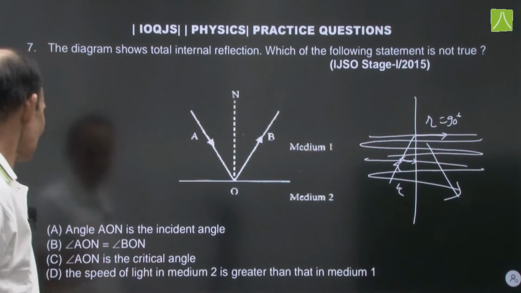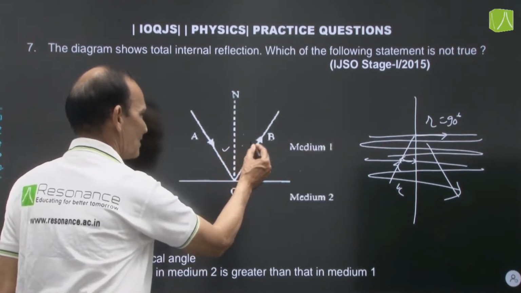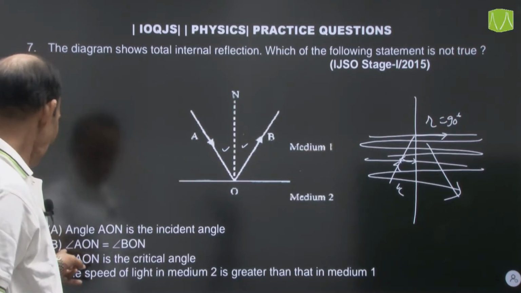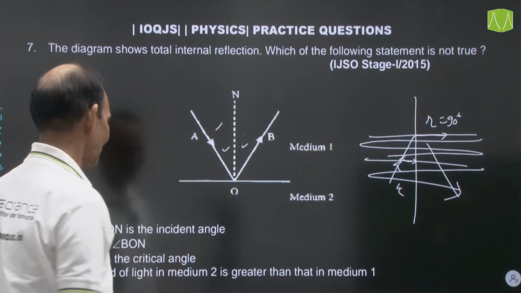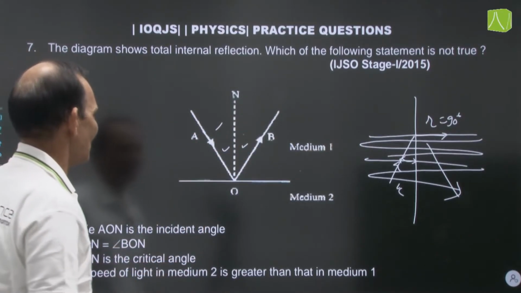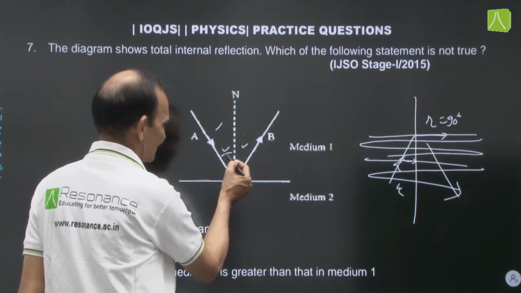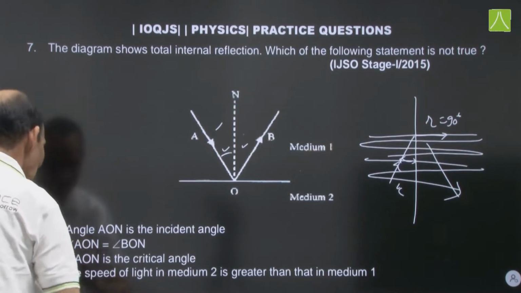So think about this. Angle AON is equal to the incident angle, these angles will be equal, is it correct? AON is the incident angle, I, here is R. AON is the critical angle, it is greater than the critical angle, so this one is wrong.